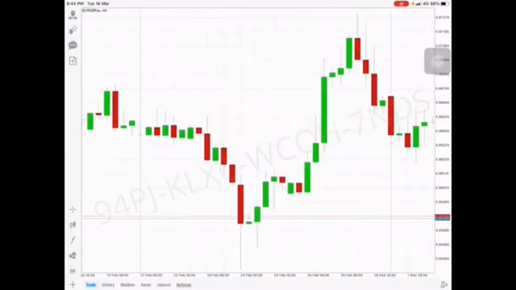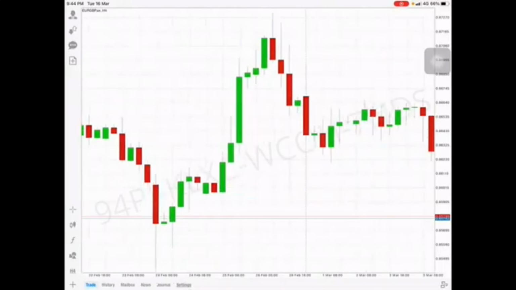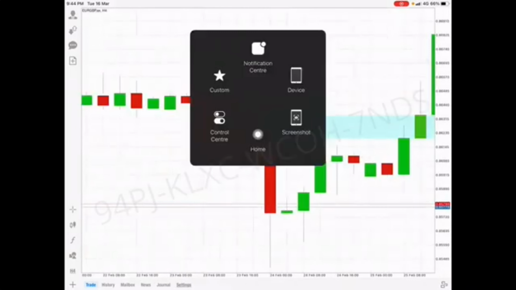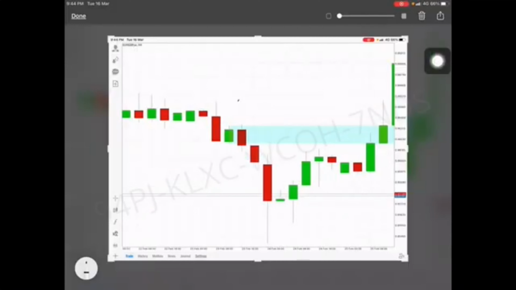Okay. So let me show you some other examples. Let's say if you have this one. Okay, now look at that. What engulfing is that? Is it engulfing sell or engulfing buy? This one is sell. Okay, so engulfing sell.